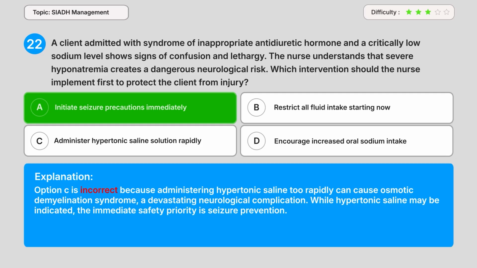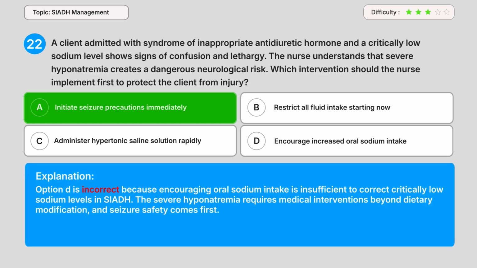While hypertonic saline may be indicated, the immediate safety priority is seizure prevention. Option D is incorrect because encouraging oral sodium intake is insufficient to correct critically low sodium levels in SIADH. The severe hyponatremia requires medical interventions beyond dietary modification, and seizure safety comes first.